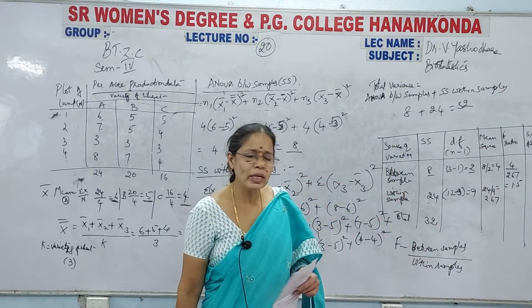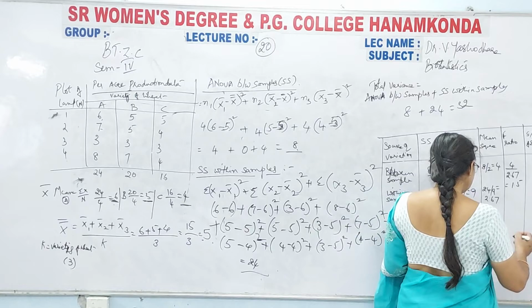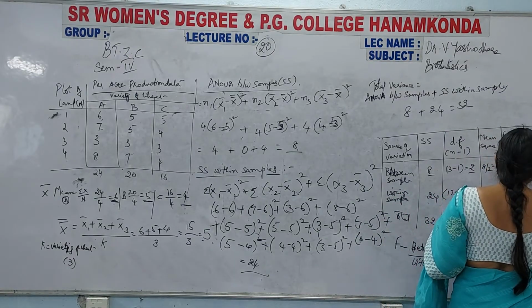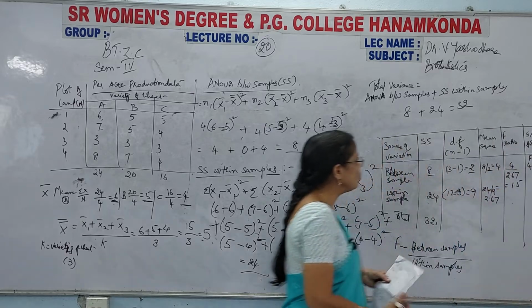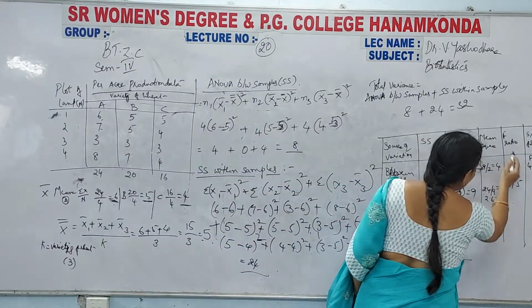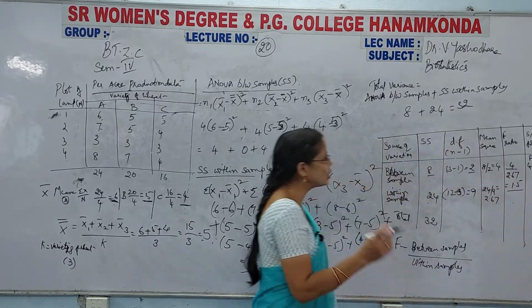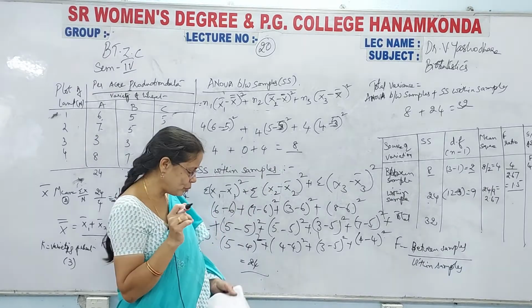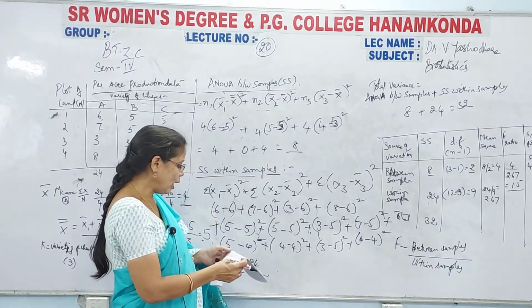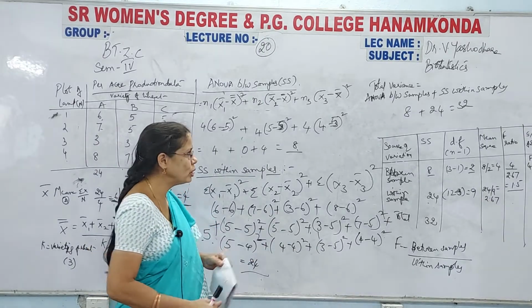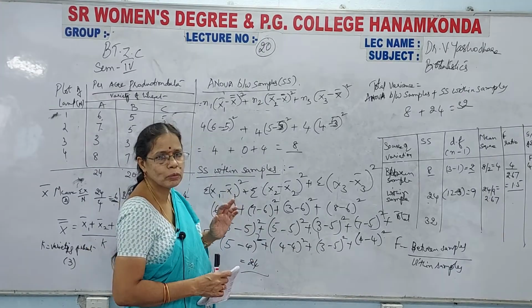Now 5% level of significance standard value is 4.26. F for standard value F is 4.26. So our F value is 1.5. So it is lesser or lower than your standard value 4.26. So the analysis supports the null hypothesis. That means you can accept null hypothesis. There is no need of rejecting the null hypothesis.